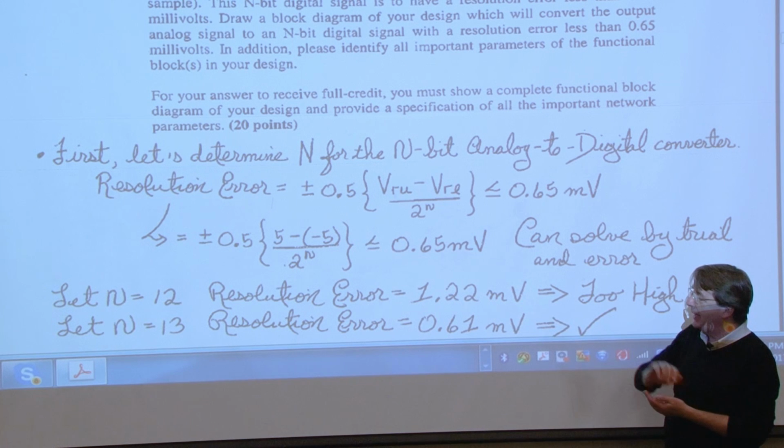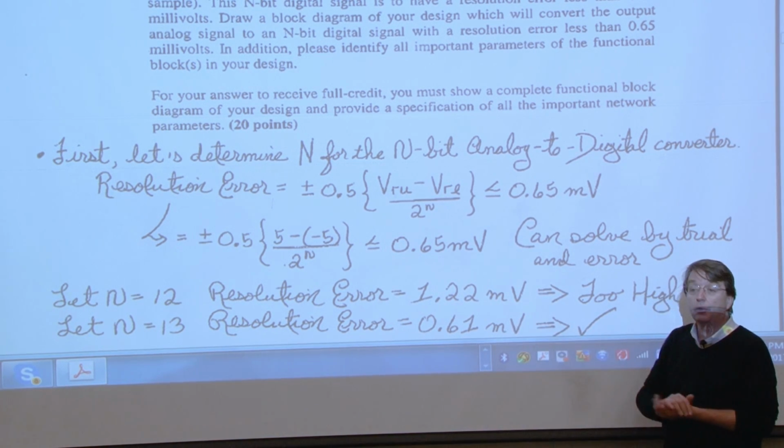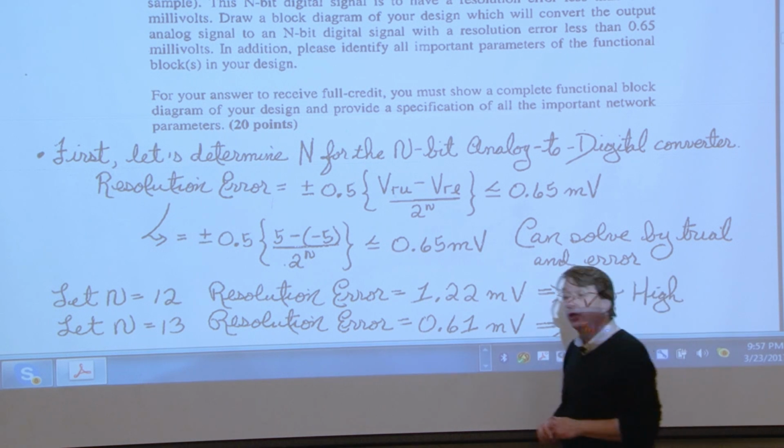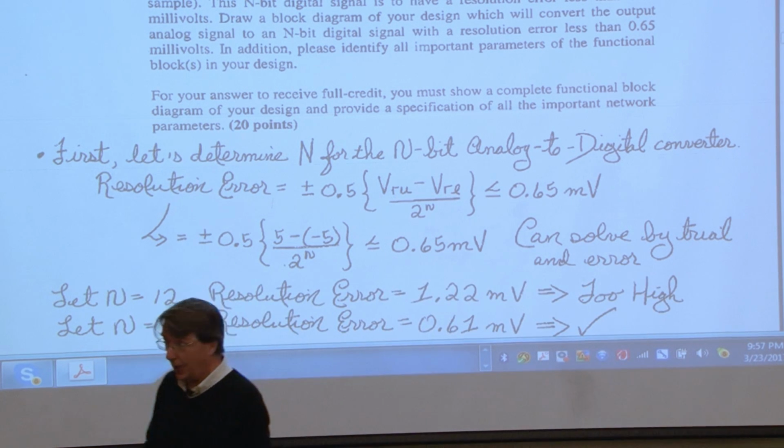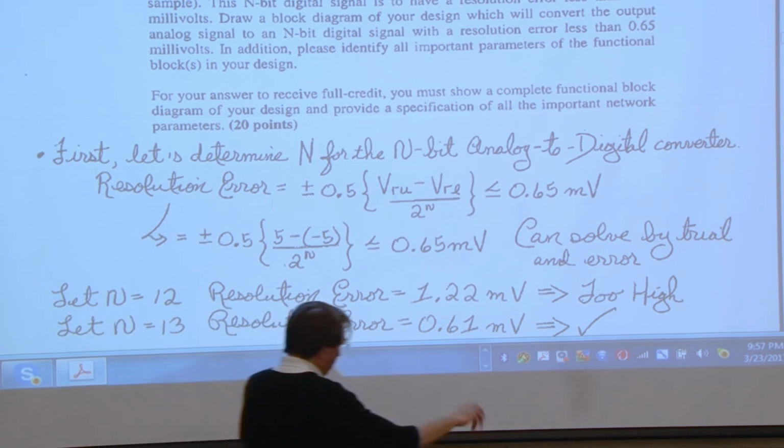If you let capital N equal 12, it's too big. If I let n equal 13, it's just a little bit less. So what did I discover? To meet the requirement of the resolution error, n, the number of bits per sample in the A to D converter, has to be 13. Am I good so far? So n has to be 13. Great.